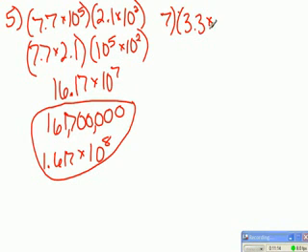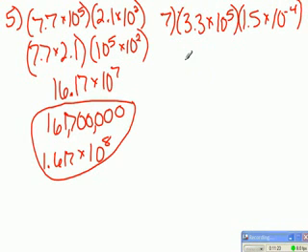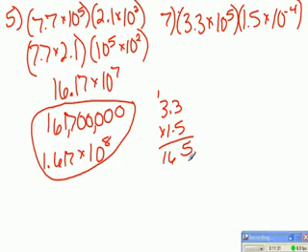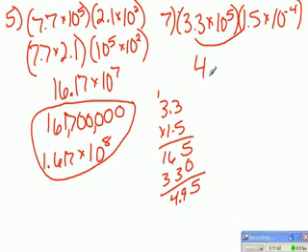is 3.3 times 10 to the 5th times 1.5 times 10 to the negative 4th. Again, I need to do the work, so 3.3 times 1.5 in 2 decimal places. So when I multiplied my numbers, I'm going to get 4.95.